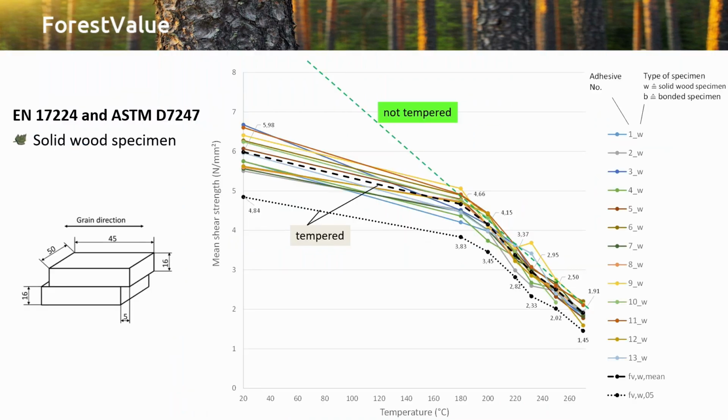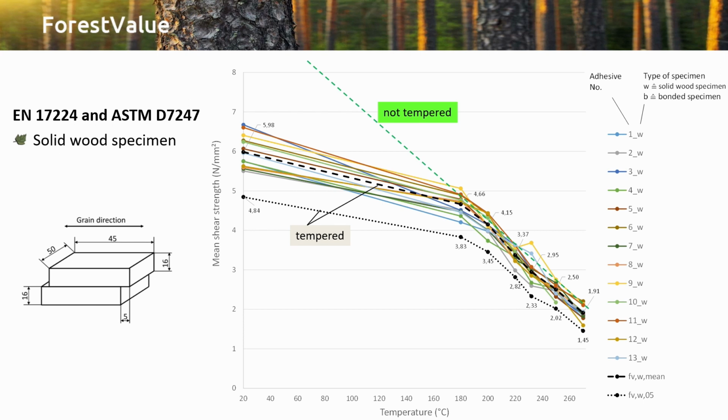Now, this is the reference behavior of solid wood specimens, which are completely matched to the wood which was tested with the bonded block shear specimens.